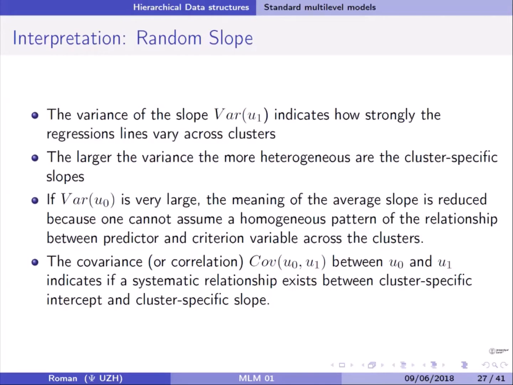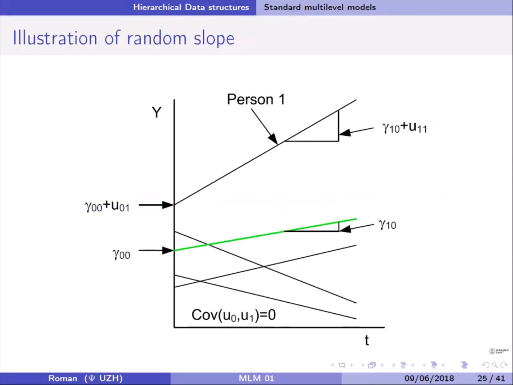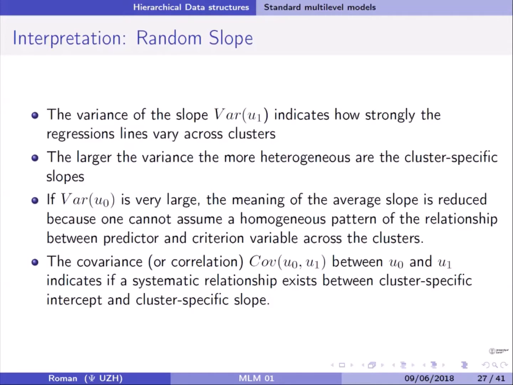So let's interpret. The variance of the slope, or the variance of U1, indicates how strongly the regression lines vary across clusters. So the higher the variance of U1, the more the slopes are different. If it's very similar, or if the variance of U1 is very low, then the slopes will all be very similar. The larger the variance, the more heterogeneous are the cluster-specific slopes.